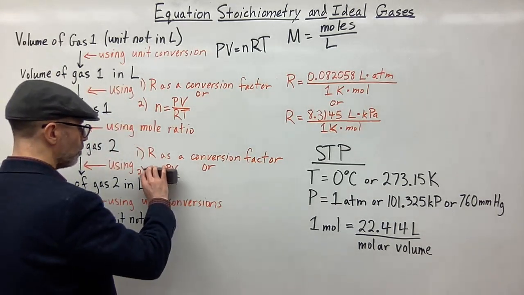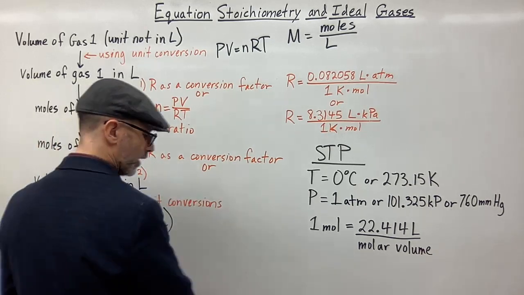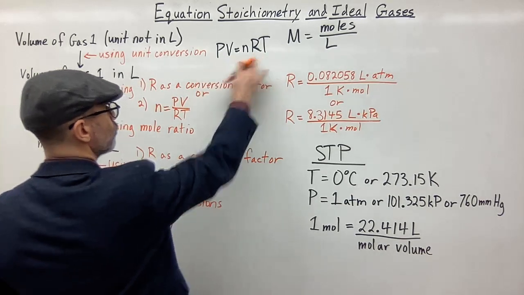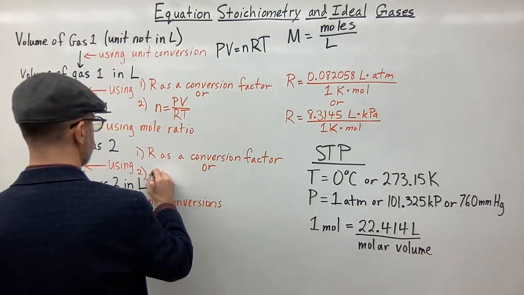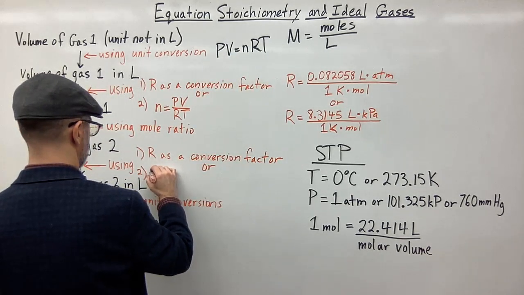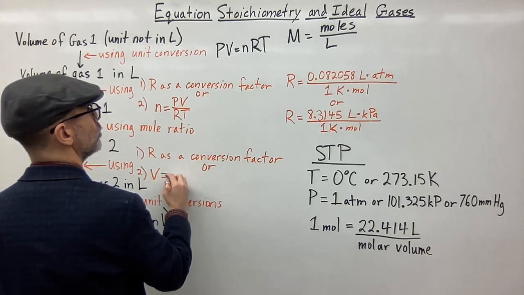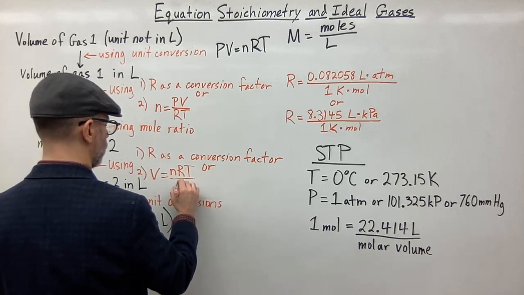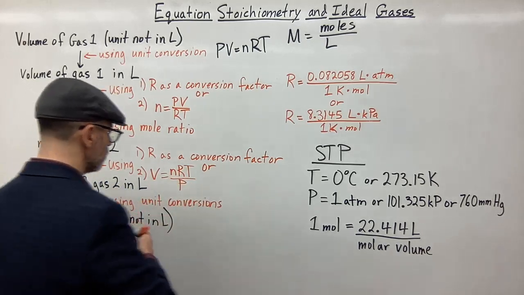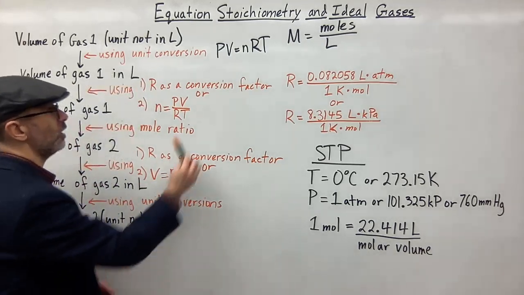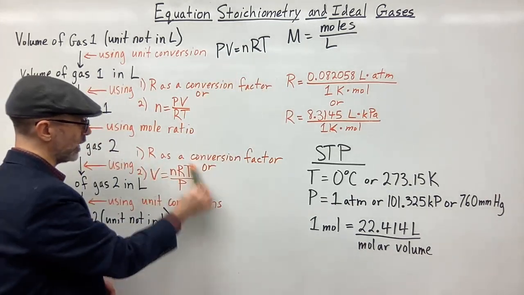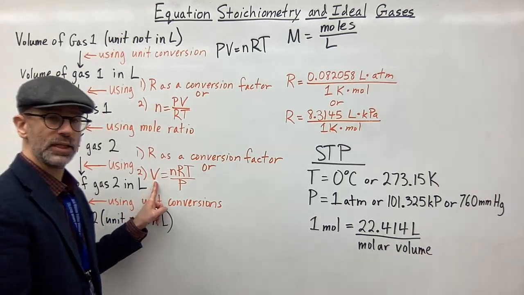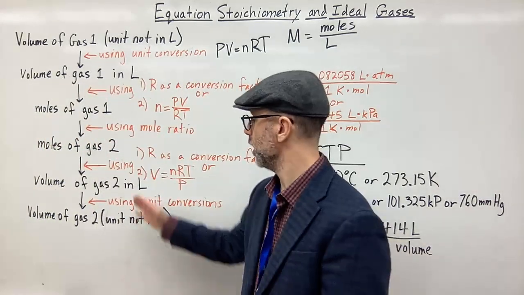The proper form actually would be, I would solve for volume here. So volume in liters is going to be equal to nRT over P. So I could use this form of the ideal gas law equation and find the volume in liters, and then go from there.